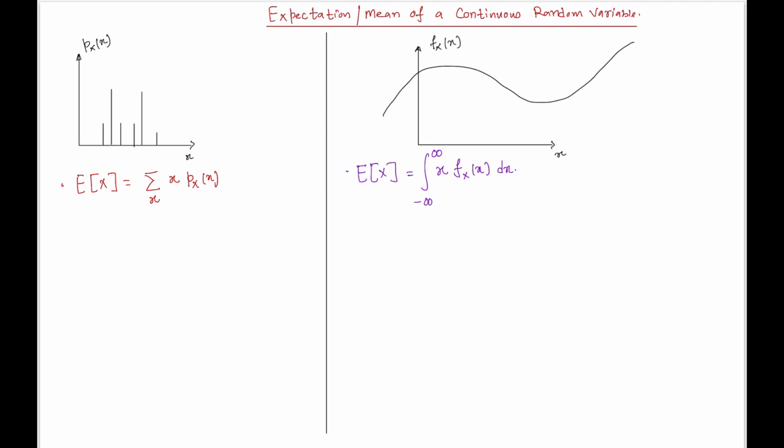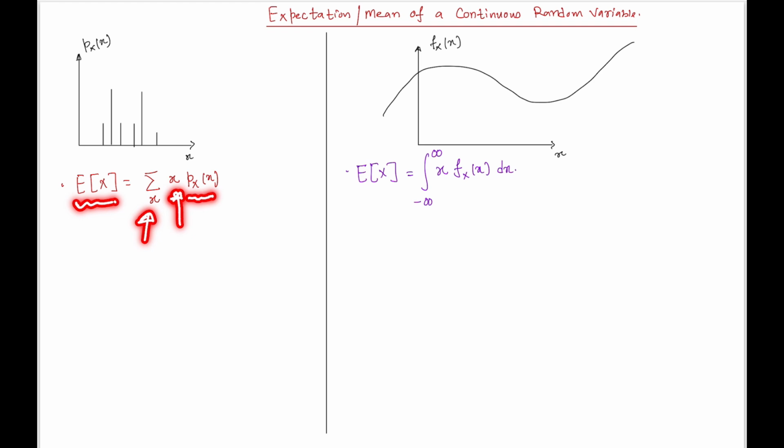What we do is find the weighted average value. And how do we find it? We take all the possible values of the random variable and we weight these values according to their corresponding probabilities, and we sum over all possible values that the random variable can take.